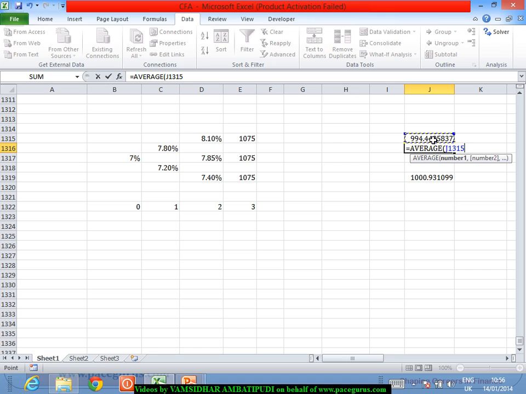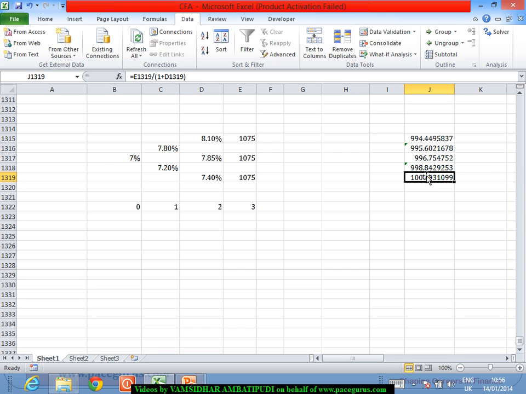There is a 50% chance of 994 being the value, especially if the interest rate at the end of second year touches 8.1, or it could very well be 996. So the average of these two things is the expected value. The same way for this, the expected value is going to be the average based on this number as well as this number. Okay, so 998 happens to be the average.